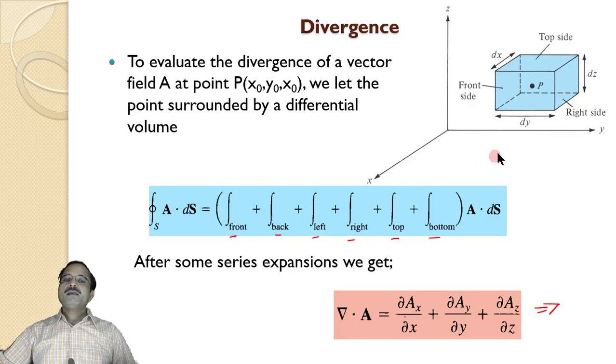In the same manner, we can assume some small volume which is cylindrical in nature. Then I will get, in a similar manner, the equation for divergence in cylindrical coordinates.